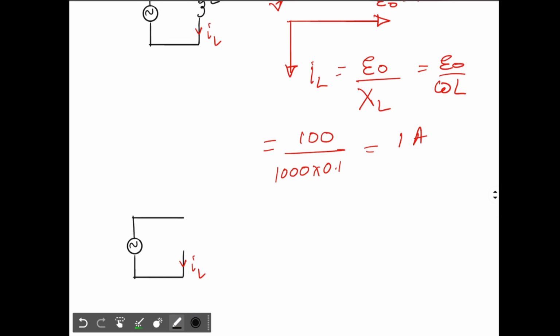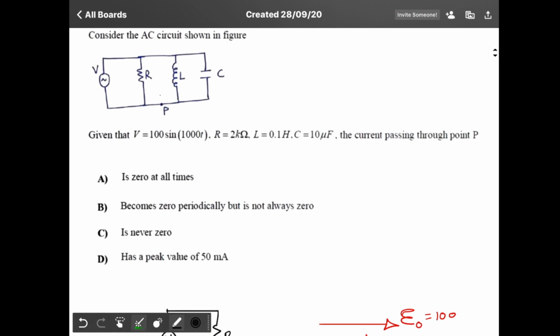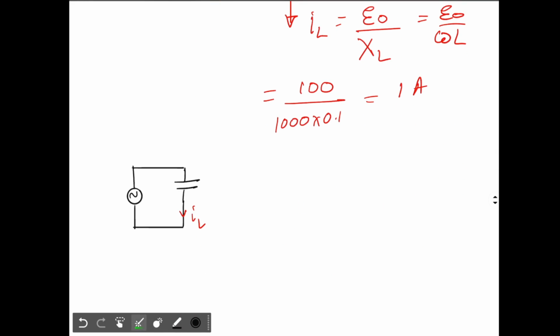Now I am finding the current through the capacitor branch. This is my supply and this is the capacitor. So I am looking at this loop now. For this, my current will be IC. Again, this is my EMF phasor, E naught, that is 100 volts. And the current phasor IC will be leading the EMF phasor.